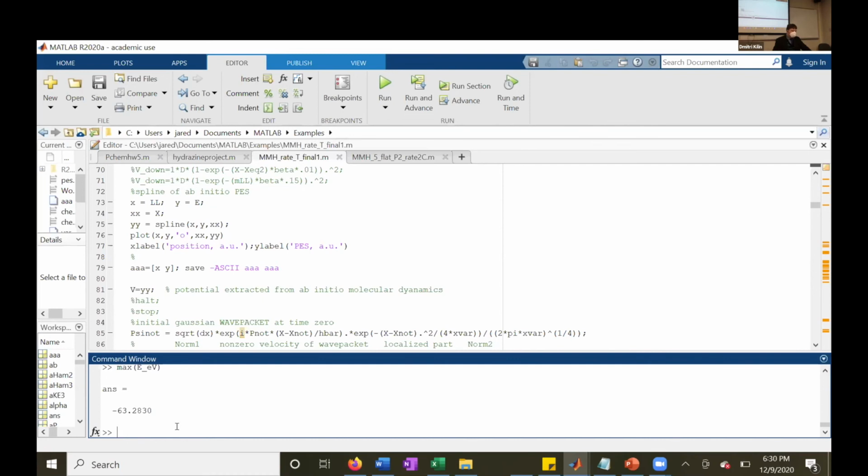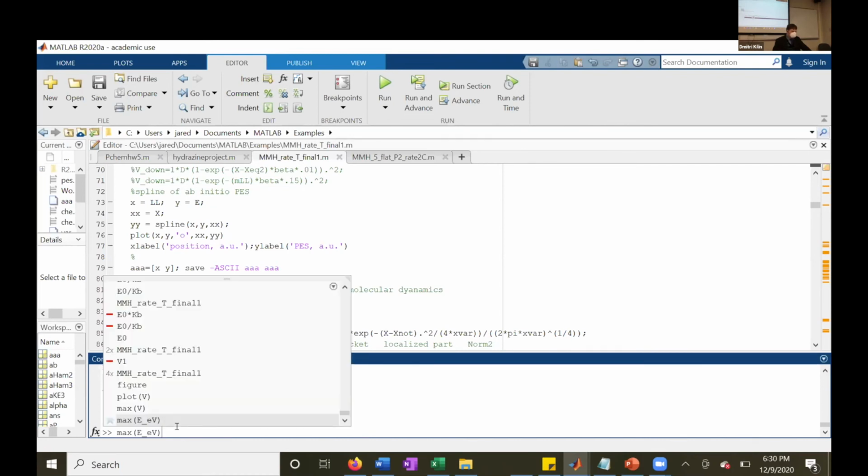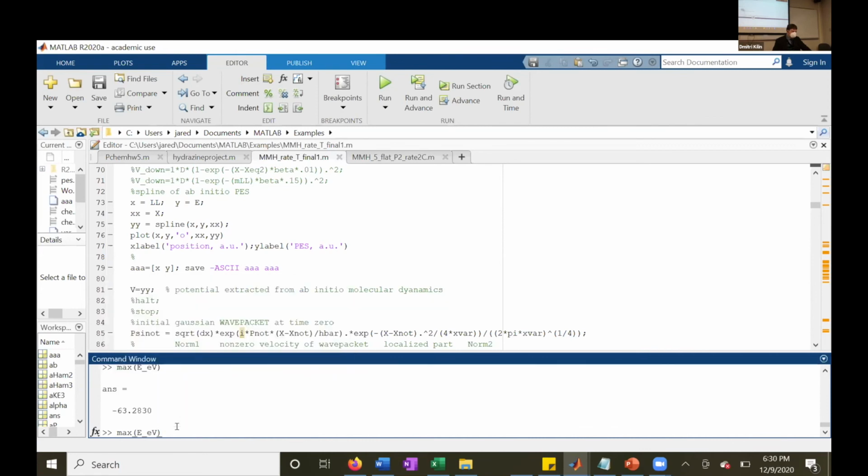Upper line arrow up, one arrow yes minus, type minus E underscore EV, open bracket, number one, close bracket. Enter. So about 5.55 electron volts.